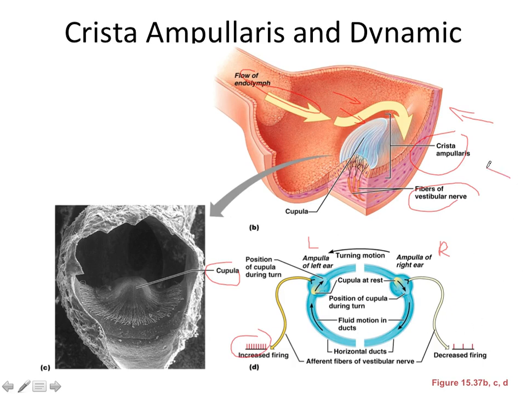However, if we hit this way, that may inhibit the fibers of the nerves and decrease the action potential. So we have a difference in the frequency of the action potential, and then our brain will know our head is turning. This difference in nervous impulse helps our brain recognize our head orientation.